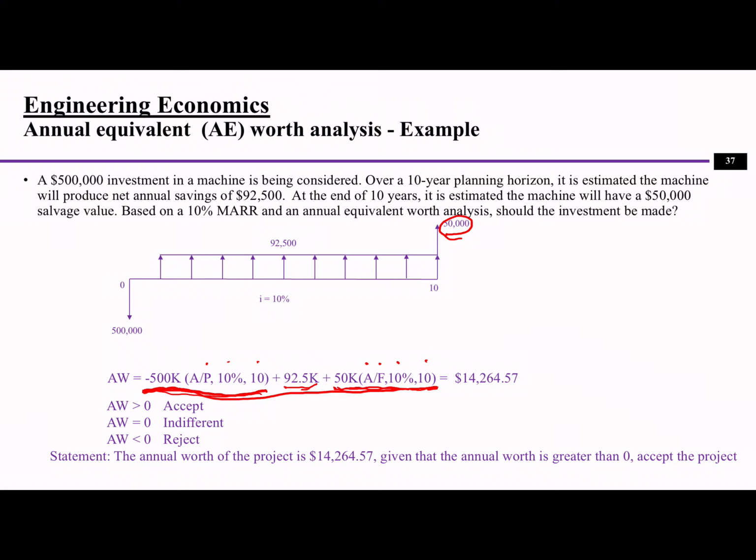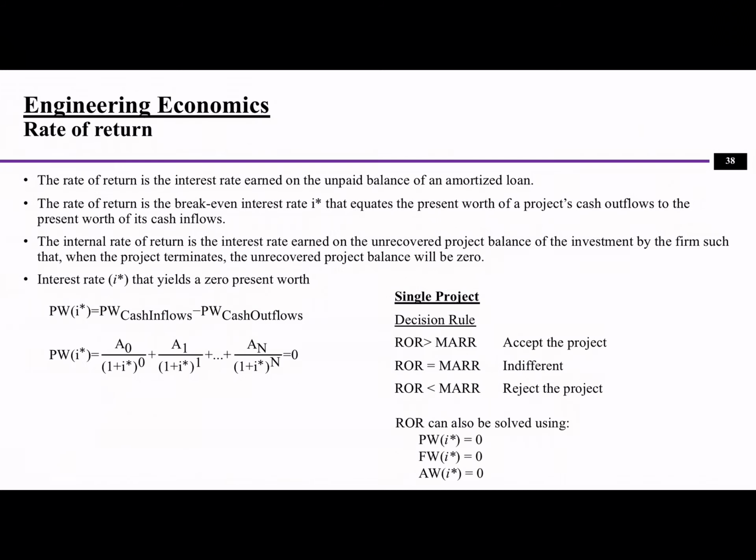Because it is bigger than zero, we have positive annual cash flows. In this case, we can accept the project, okay? Remember the rules here. Because we have positive, we can accept the project.